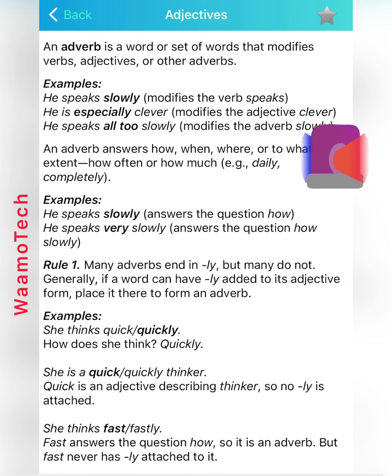If we say she thinks, that sentence could be complete. But if we ask the question, how does she think? How does the thinking itself, which is a verb, happen? It happens quite quickly, right? Very quickly. So quickly is the correct form of the adverb in this case for this particular sentence.